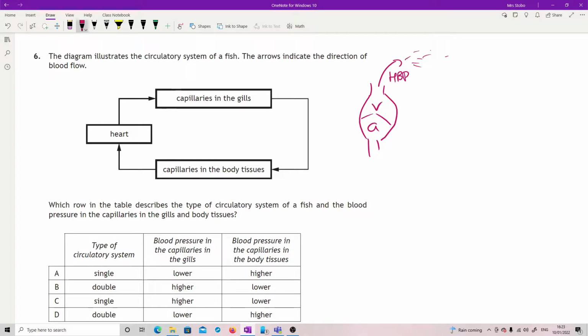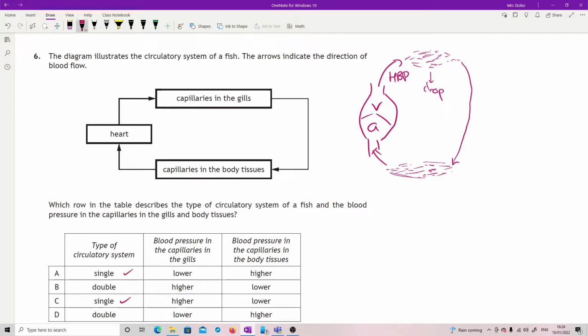Okay, it then goes through the gills, and the gills are all millions and millions and millions of different blood capillaries, so therefore the blood pressure will drop. Okay, and then it joins back up again to make the next kind of run to the body tissues, and goes through another whole pile of capillaries. So our blood pressure is still pretty low, in fact lower, and then finally joins back up and goes back into the atrium.